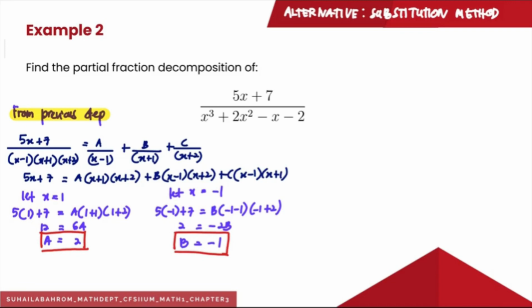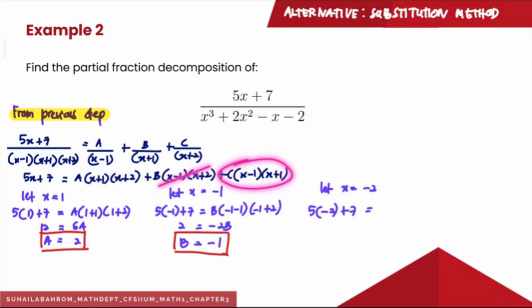And for the last zero, we substitute the zero of the denominator factor x plus 2, therefore the zero is negative 2. We let x equal negative 2, and on the left hand side, 5 times negative 2 plus 7 equals. Again, when you substitute negative 2 into the term of A, you will get 0, and this one also 0.